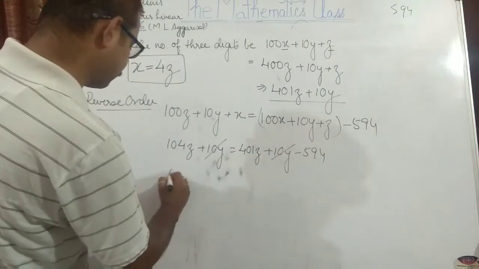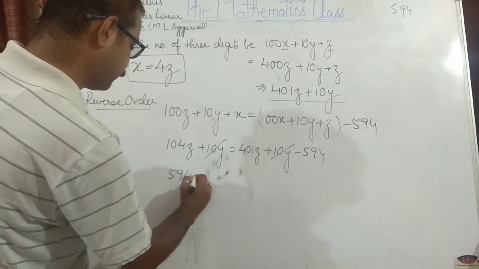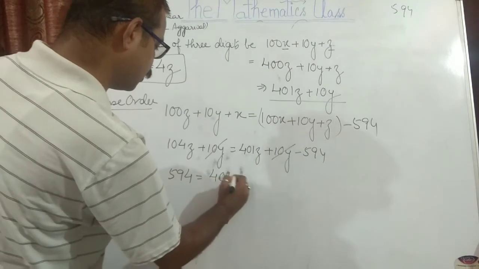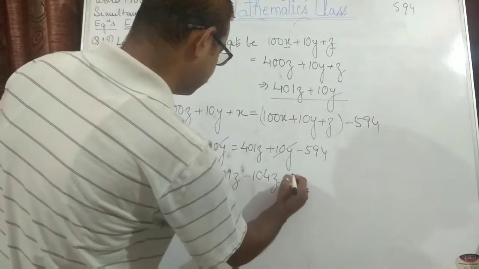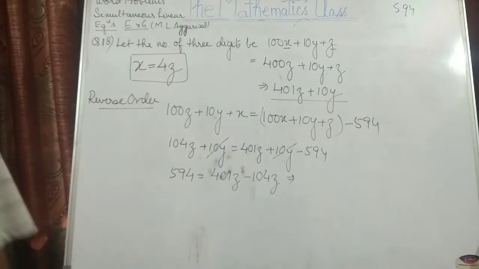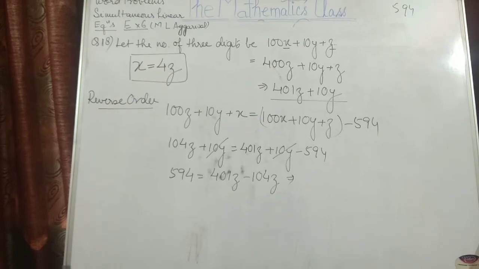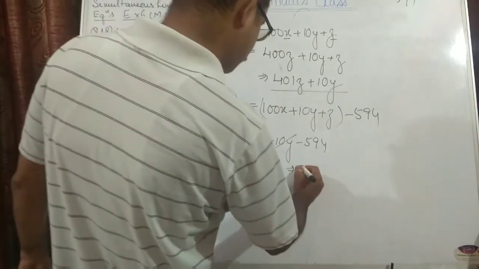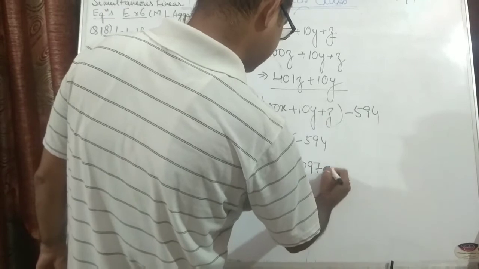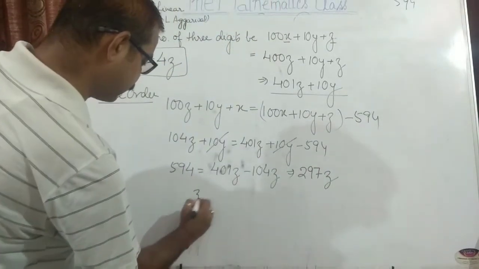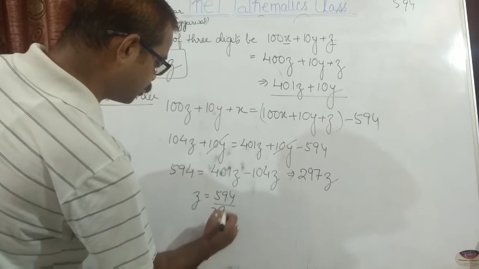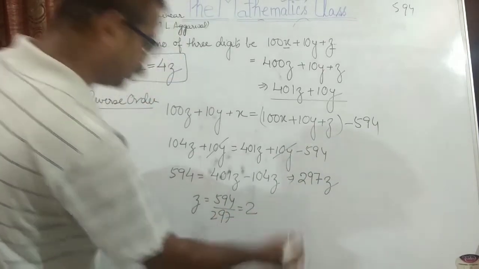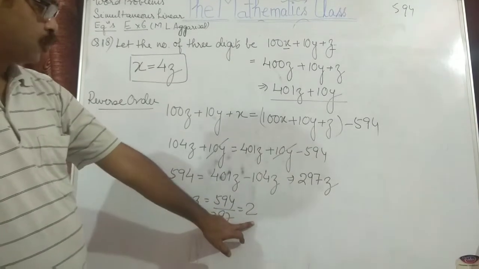Now 594 comes to this side, it becomes positive, and 401z minus 104z will be how much? Let's calculate. I hope that will be 297. 297z. So z becomes 594 upon 297, that is 2. The value of z is 2.